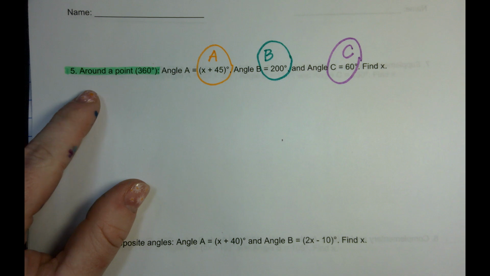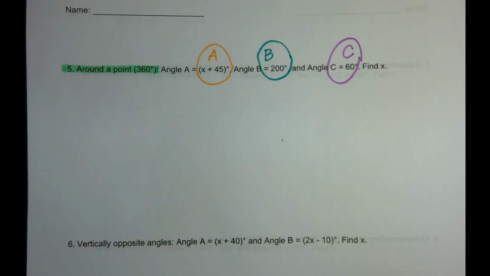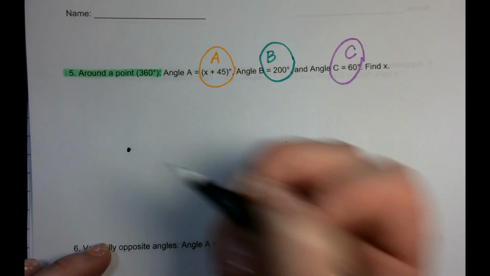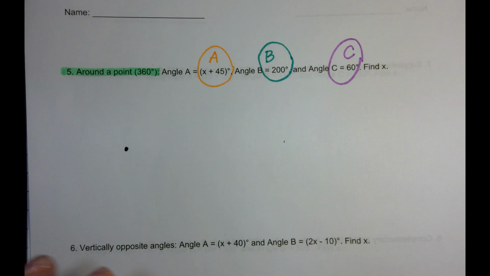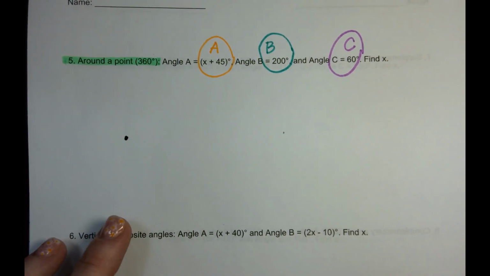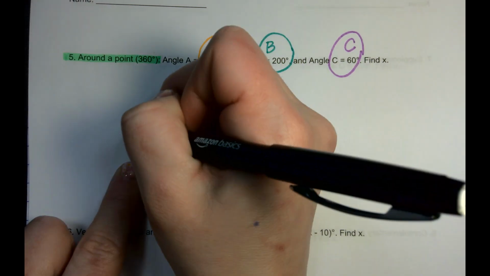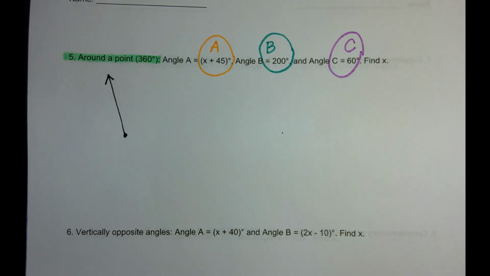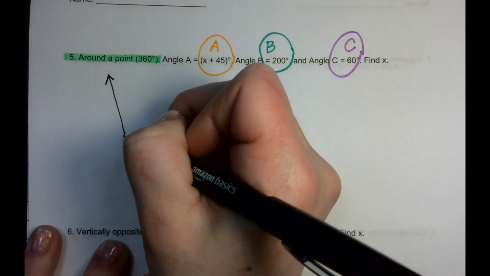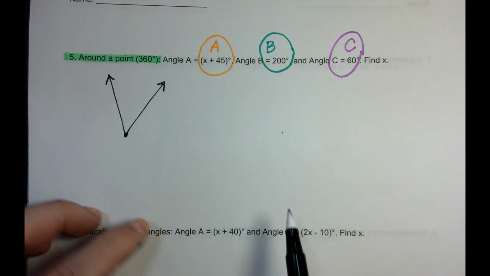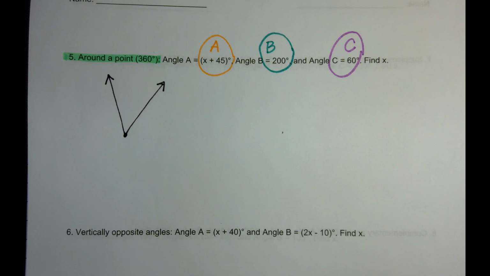So, let's not worry about making our picture accurate at all. Let's make a little dot. And I know I have 3 angles total. We're going to draw a picture that is not to scale at all. I'm going to draw a ray coming out, and then another one.